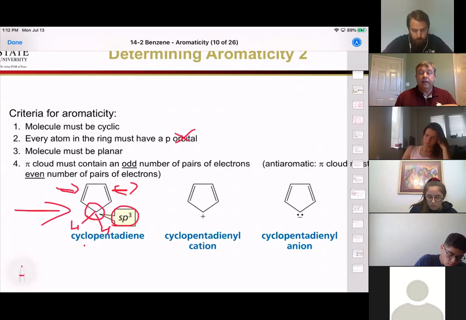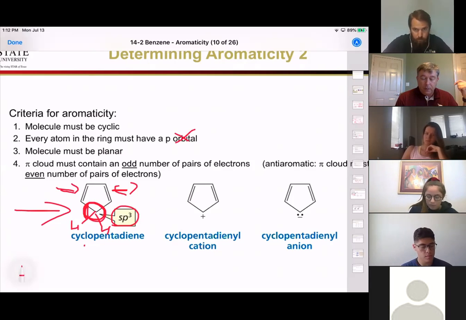So technically it could be anti-aromatic if this was not sp3 hybridized, okay? So let's take away one of those hydrogens and generate a carbocation. When we do that, let's look at our system again. We have it cyclic. We now actually do have a p orbital on this carbon because we've taken that hydrogen away.